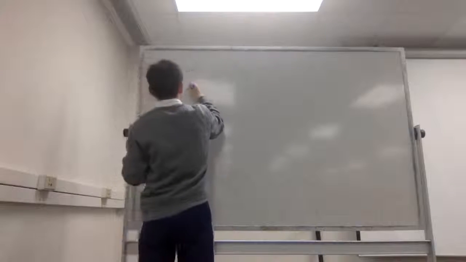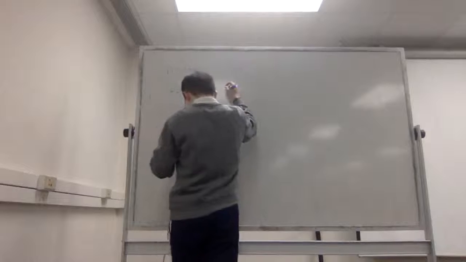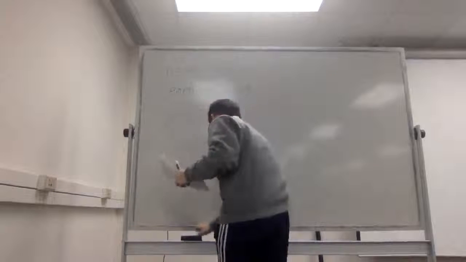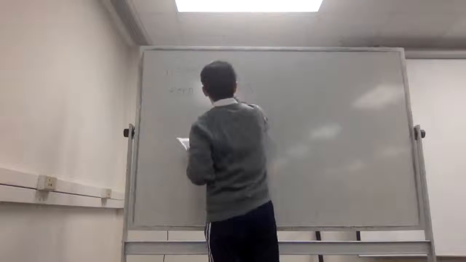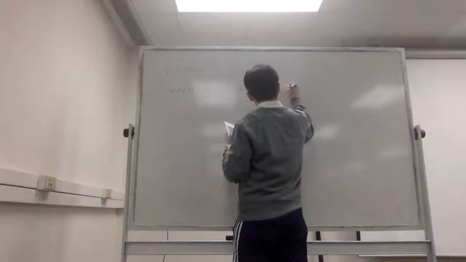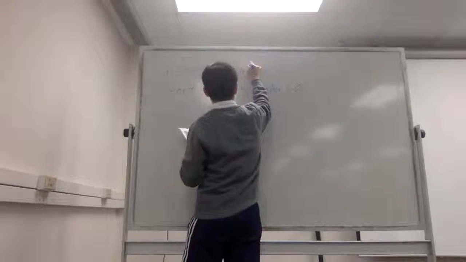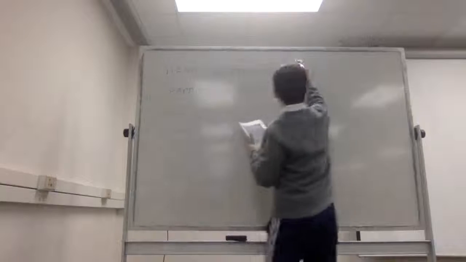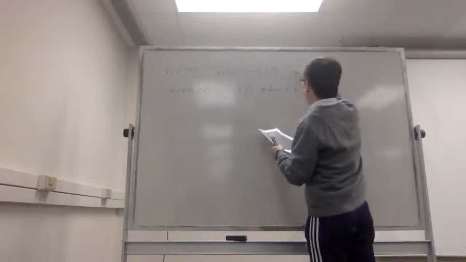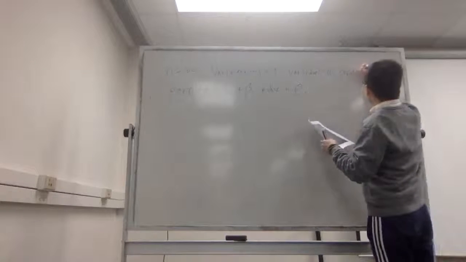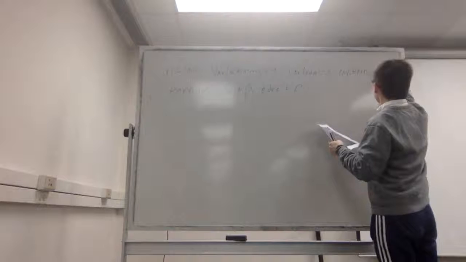The sample size is 100, and there is a linear regression: earnings equals beta 0 plus beta 1 education plus an error term, where the variance of earnings is 9, the variance of education is 4, and the covariance of earnings and education is 3.